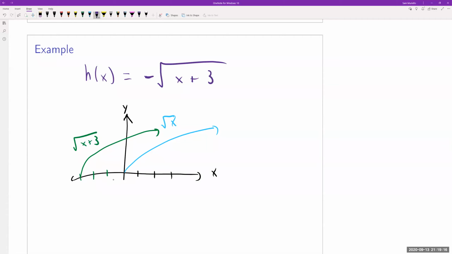That means that everything becomes a mirror reflection, and this will be negative square root of x plus 3. I've applied the transformations one at a time. First, the translation, then the reflection. And the reason I did it in that order is because you want to look at the changes that happen directly to x first, and then work from the inside out.